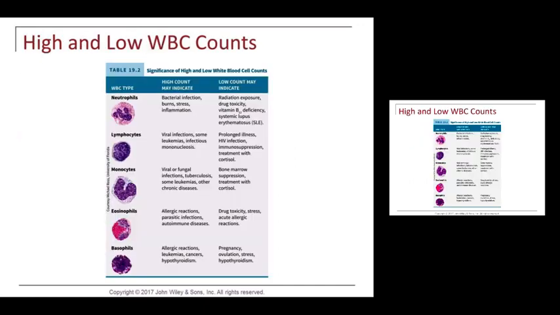So here, very, very nice slide, because it tells us what they indicate, right? So if you do a CBC, a complete blood count with a differential, well, maybe the neutrophil count is high, or maybe it's low. So if it's high, we know that it's seen high with bacterial issues, or burns, or inflammation.